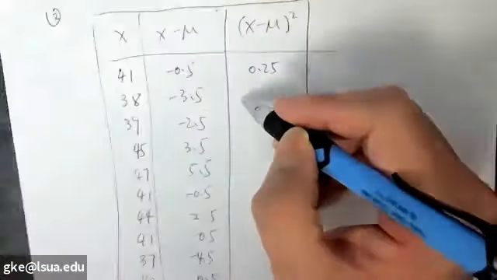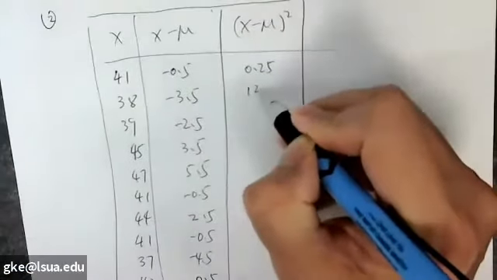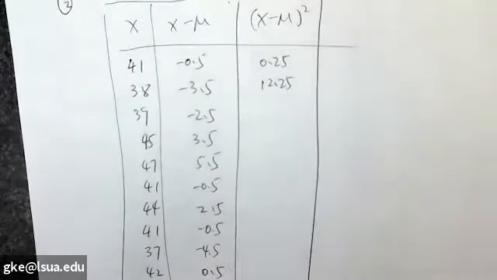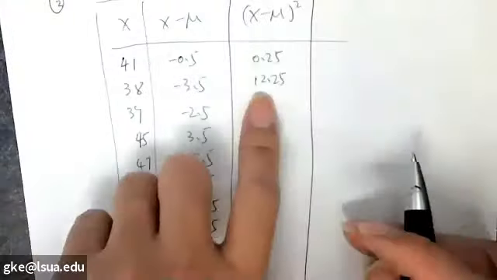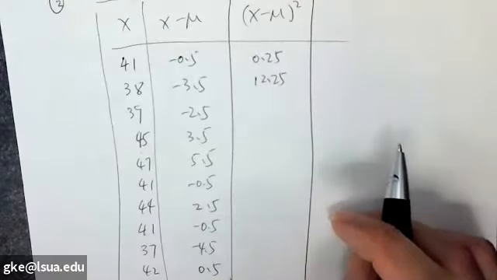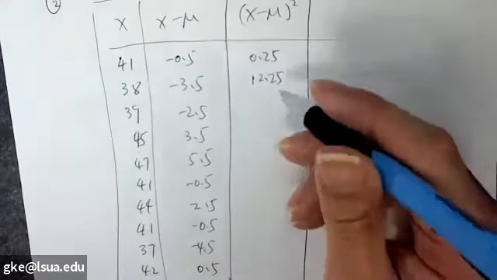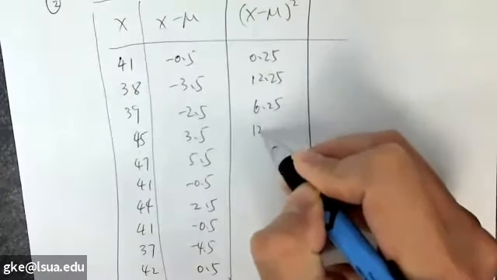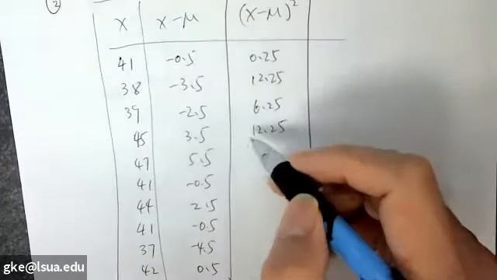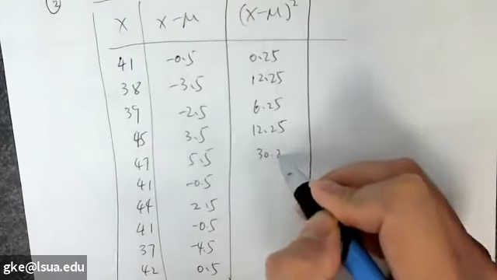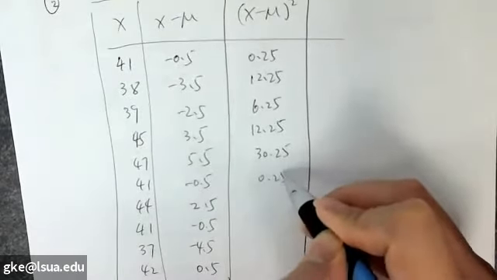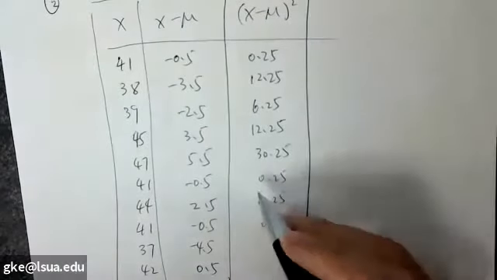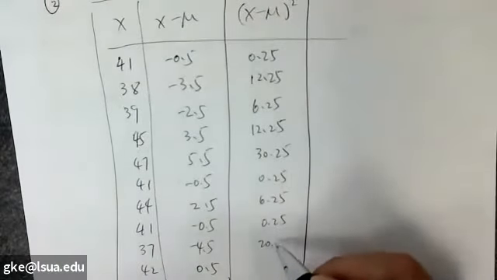Negative 3.5 squared is 12.25. You can use your calculator to calculate the square in the test. Then 6.25, 12.25, 30.25, 0.25, 6.25, 0.25, 20.